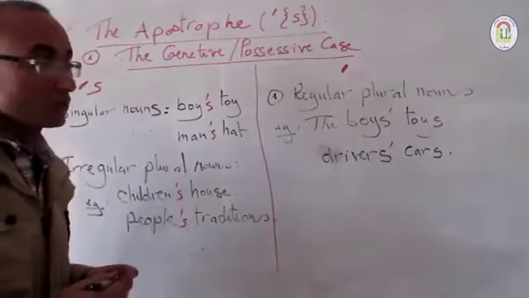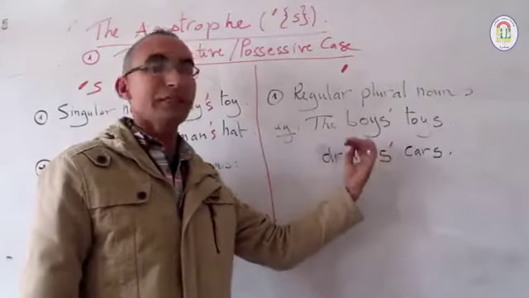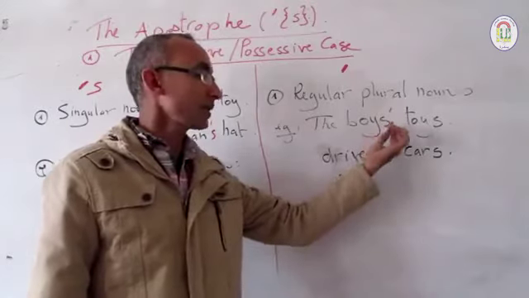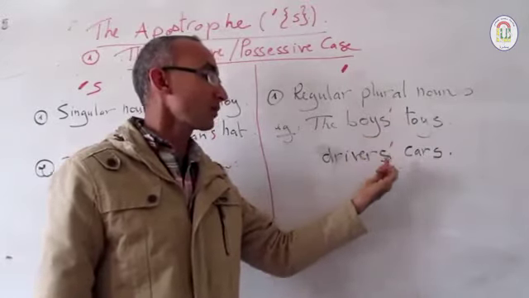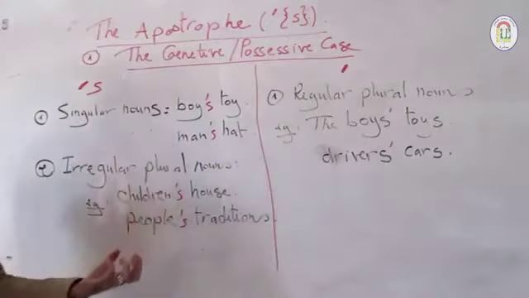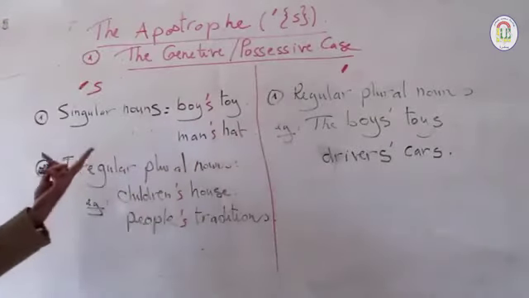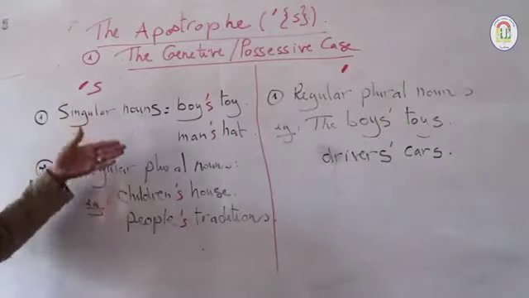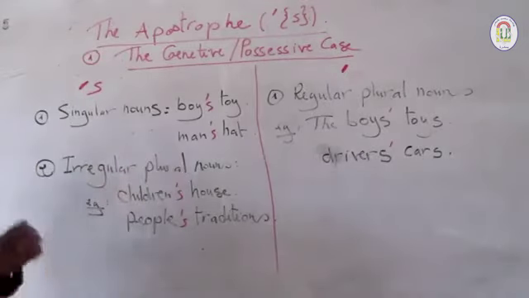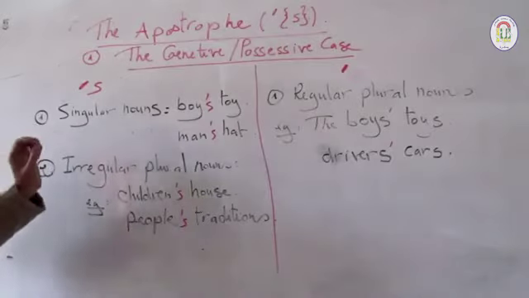Clear? So here, as we have regular plural nouns ending in S, no need to add another S to the apostrophe. We write only an apostrophe at the end of the regular plural noun. So here are simply the two forms of the possessive case. Yet we have some remarks about some uses.